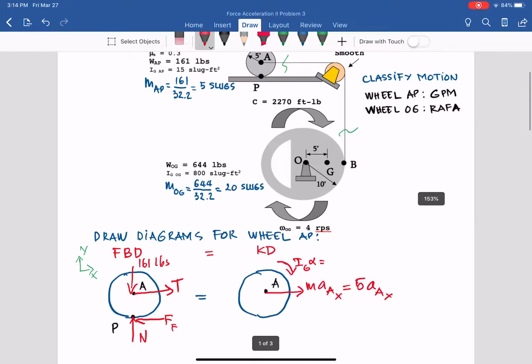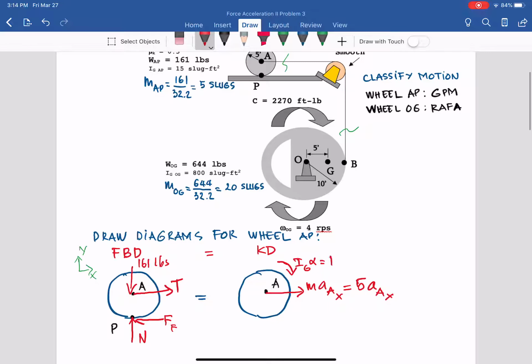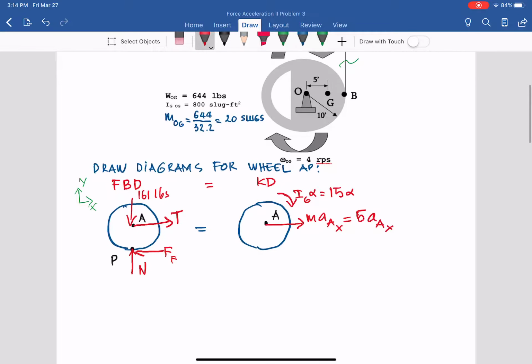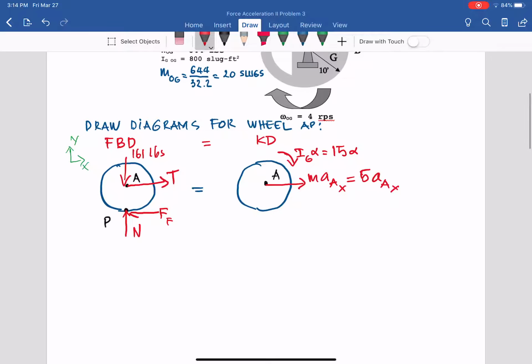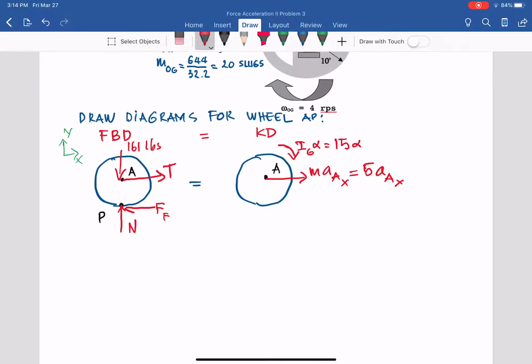They give us 15, so it equals 15 slug-feet squared times alpha. So we can go ahead and write three equations for this one.